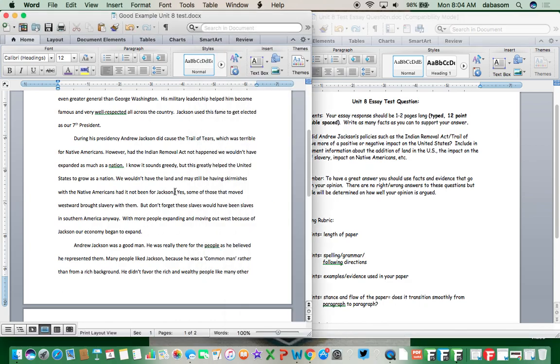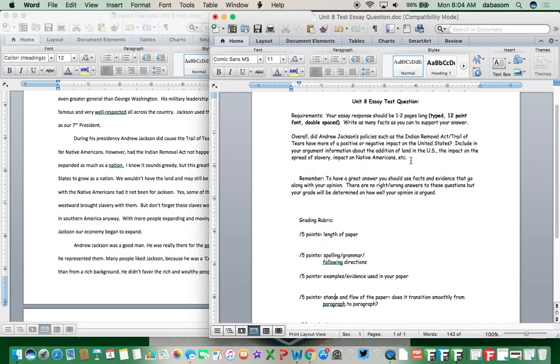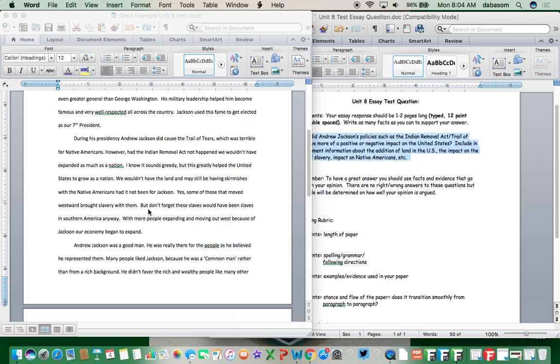Well, that's covered all right in these sentences here. And then obviously the impact on Native Americans. So this person's touching on all these different components of what they were asked to do in the directions.